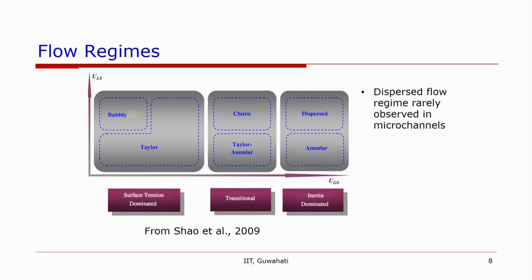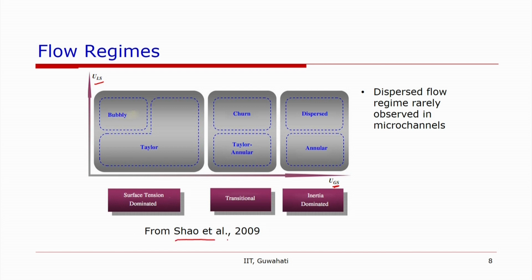So, this picture gives an idea about the flow regime distribution based on the liquid and gas superficial velocities and where what kind of forces are dominant.